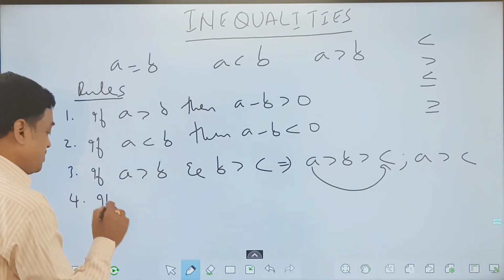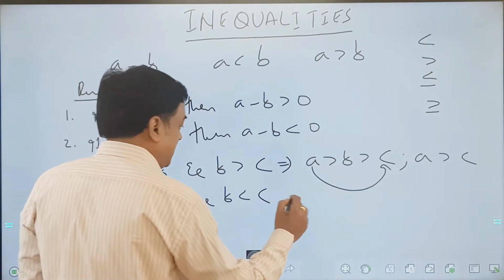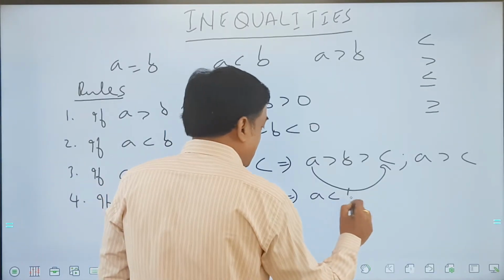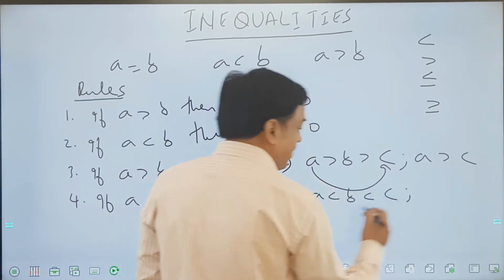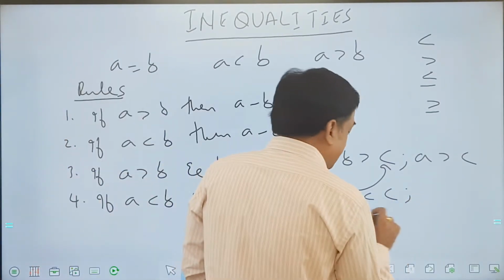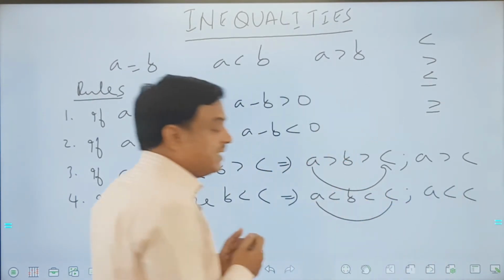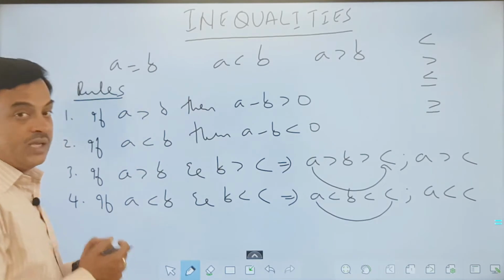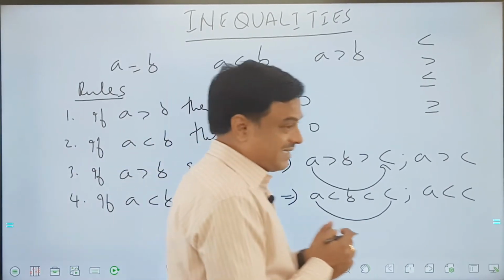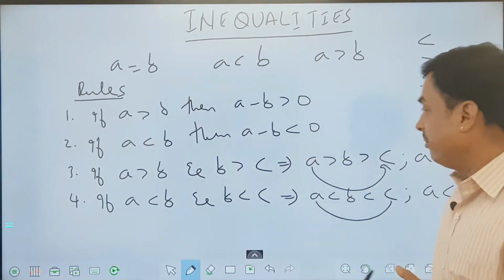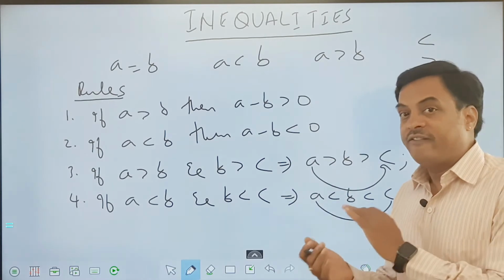If A is less than B and B is less than C as a combined expression, then comparing A and C, A will definitely be less than C. Okay, so these are the first 4 points which I wanted you all to understand very clearly. When I am comparing 3 variables, you need to check based on which conditions things are working.